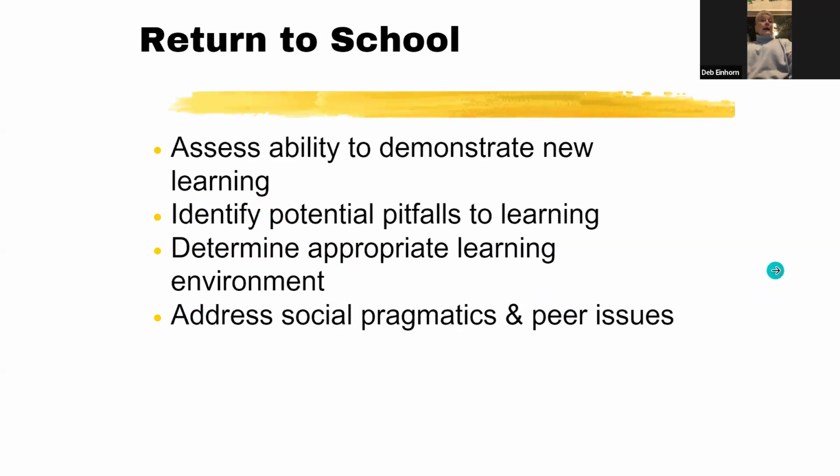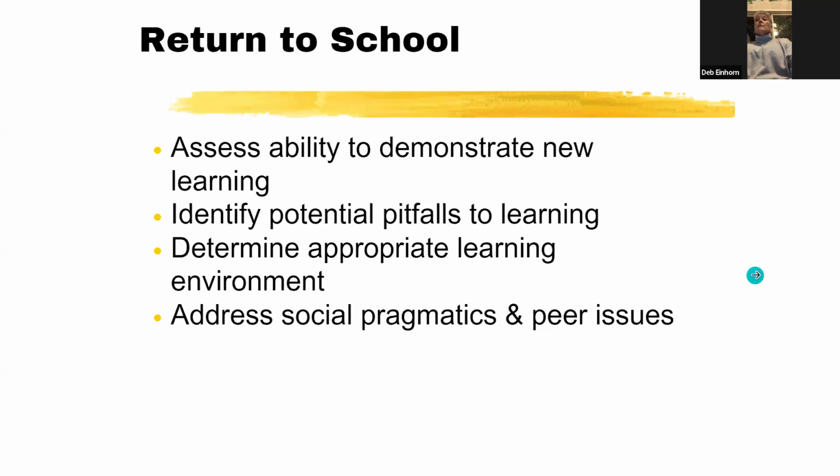They frequently might miss school for a period of time while they're getting medical services. And then, in order to return to school, they would need an assessment to see where their cognitive and adaptive levels are. They're obviously going to be different from when they left school prior to the brain injury.